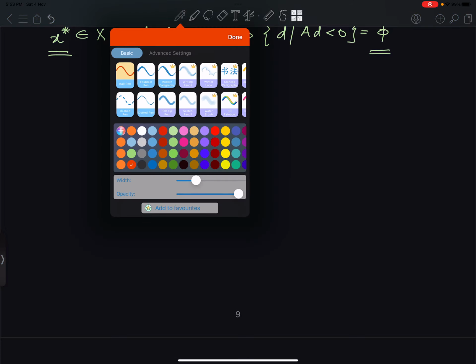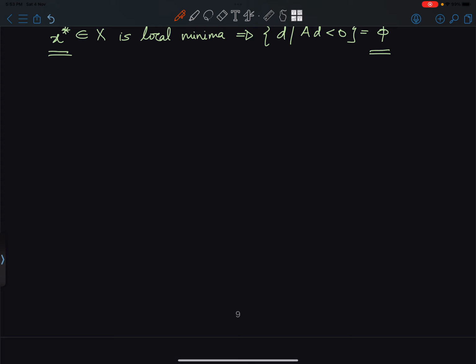However, I'll link the proof of the Farkas lemma in the description below for people who are curious and want to go through the proof. So let's see what Farkas lemma says.